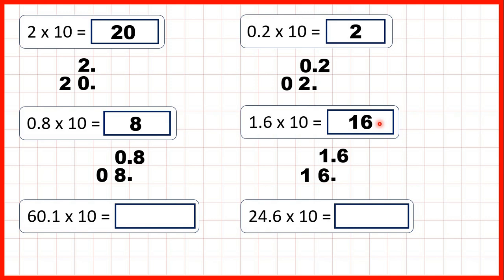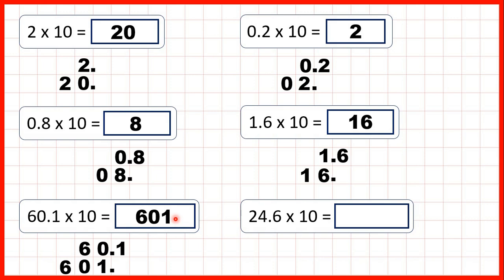That's 16. For 60.1 times 10, we can write out the number, copy down the decimal point, and again we're multiplying, so digits are moving to the left, and there's 1 0 in the number 10, so the digits need to be copied down 1 square to the left. When we do that, we get the decimal point at the end, so we have a whole number as our answer.